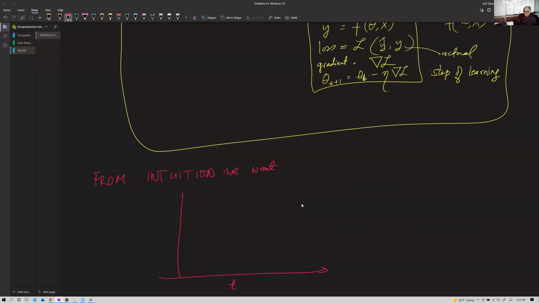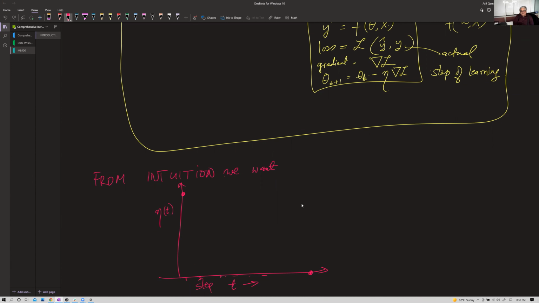Suppose this is t, the step 1, 2, 3, whatever, and this is the eta for that given value of t. What we want is that the learning rate should start high, and at the end of the epochs it should end low, right?